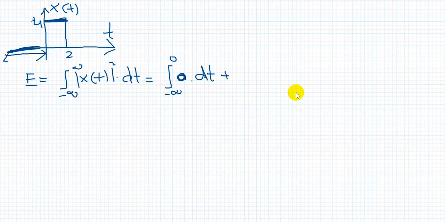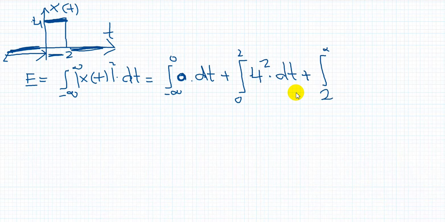Plus we have another part from 0 to 2, where the signal is a constant with the value 4, so it is the integral of |4|² dt. Plus, after 2 up to positive infinity, it's again 0, so the integral of 0 dt.